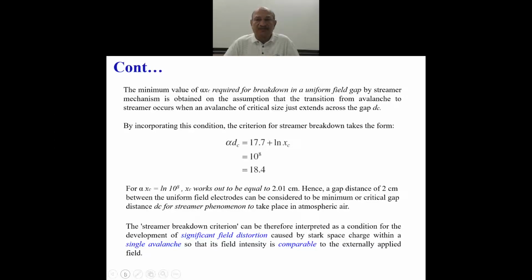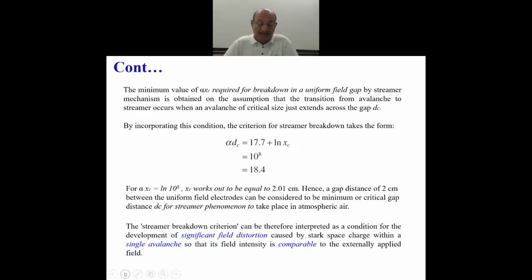Obviously, if you take a different gas, it may be slightly different. If you increase the pressure of the gas, it will also vary. But in atmospheric air, under normal temperature and pressure, the minimum critical gap distance between the uniform field electrodes is required to be 2 centimeters.